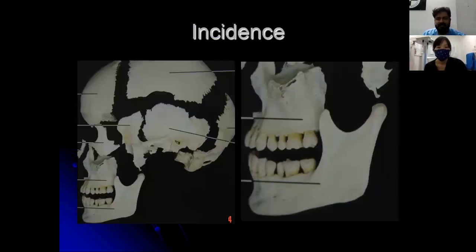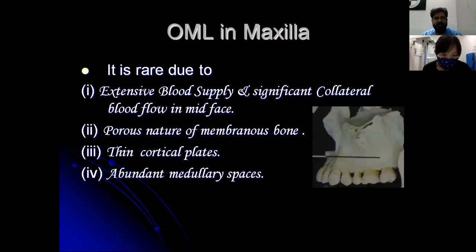Now, what is the incidence in various bones? In the maxilla, it is rare due to extensive blood supply and significant collateral blood flow in the midface. The porous nature of the bone, thin cortical plates, abundant medullary spaces are there.